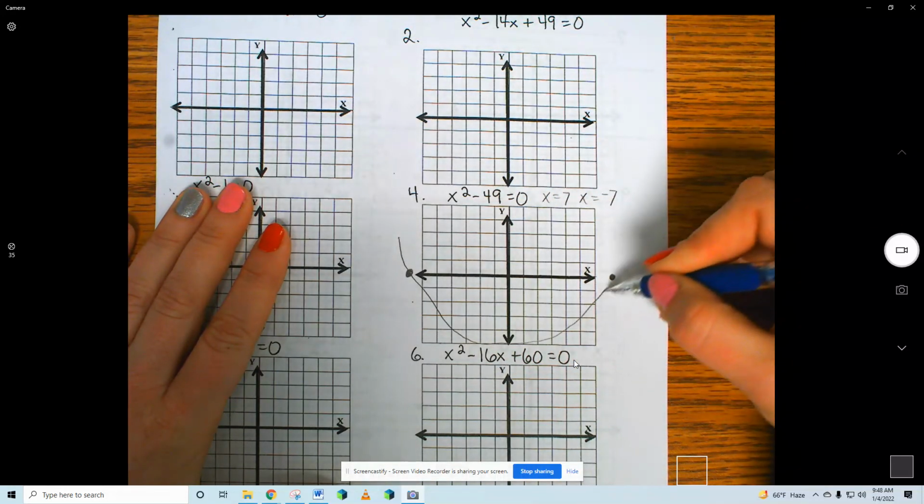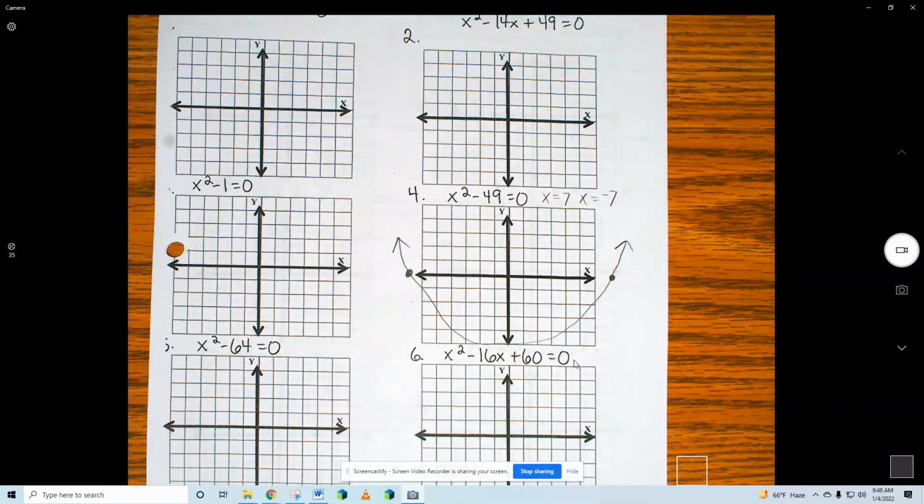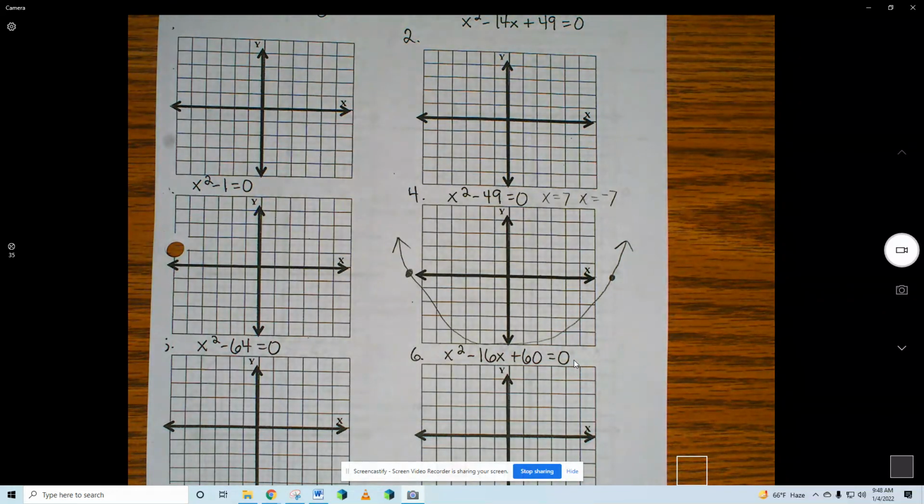Something like that. So your job is to factor it, find your x's, zeros, roots, solutions, x-intercepts, plot those x-intercepts, and draw just any old curvy shape through them. Parabola.